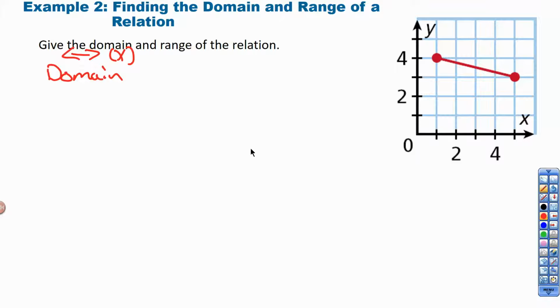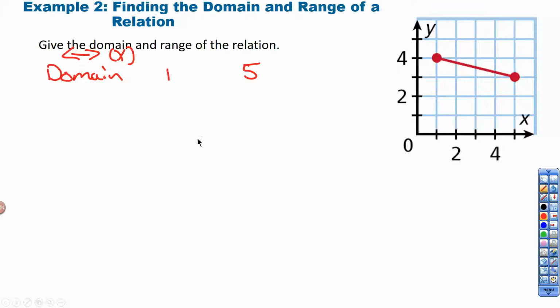I expect you to say that now and on Friday. The smallest value of X is 1. What is our largest value of X, Maya? 5. So our domain is all of the points in between 1 and 5.